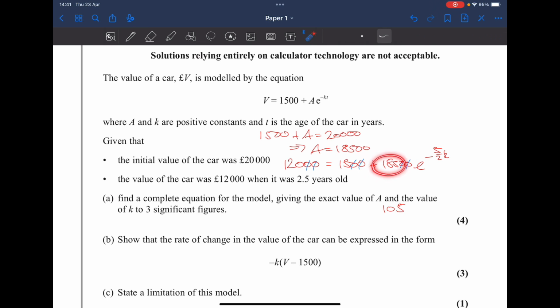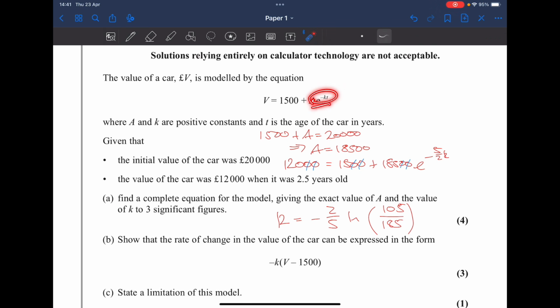Let's divide that by 185. Then we're left with this stuff, so we need to take logs of that. And then we need to divide that by 5 over 2, so times it by 2/5, negative of that. So that is our value for k.